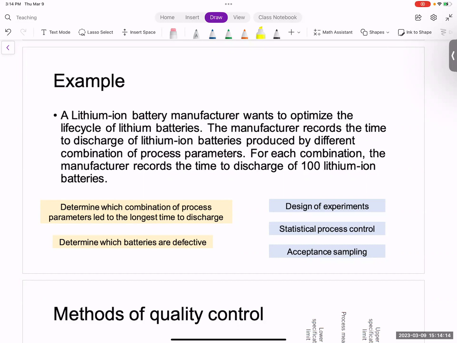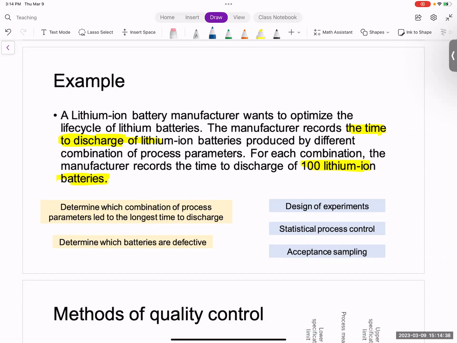You can think of the time to discharge as basically a quality characteristic. I can measure the time to discharge. For each combination, the manufacturer records the time to discharge of 100 lithium-ion batteries. So we're doing this experiment on a total of 100 lithium-ion batteries.